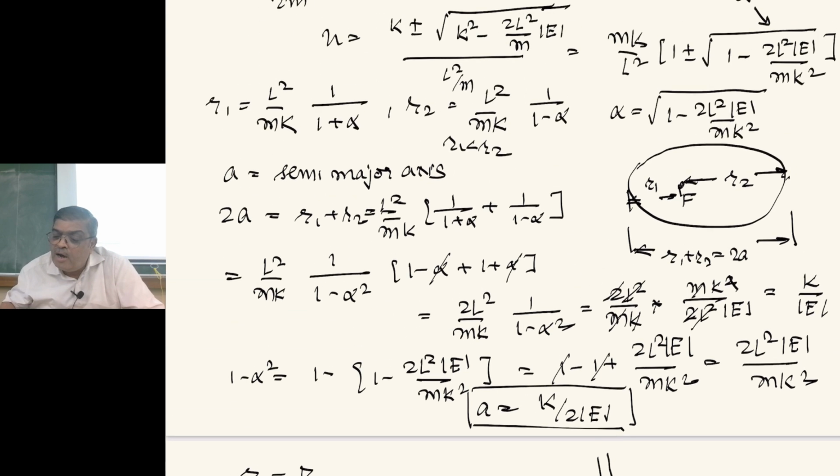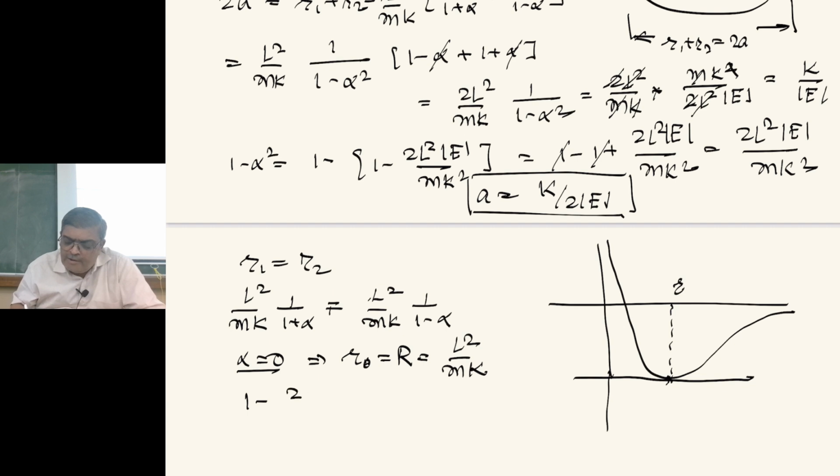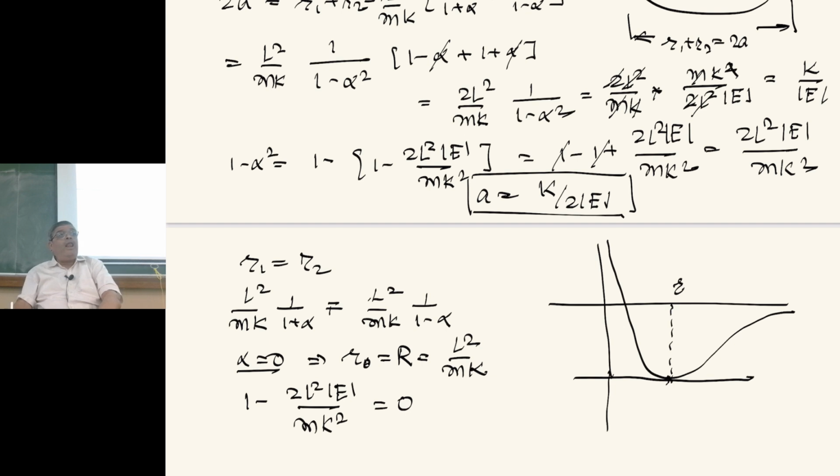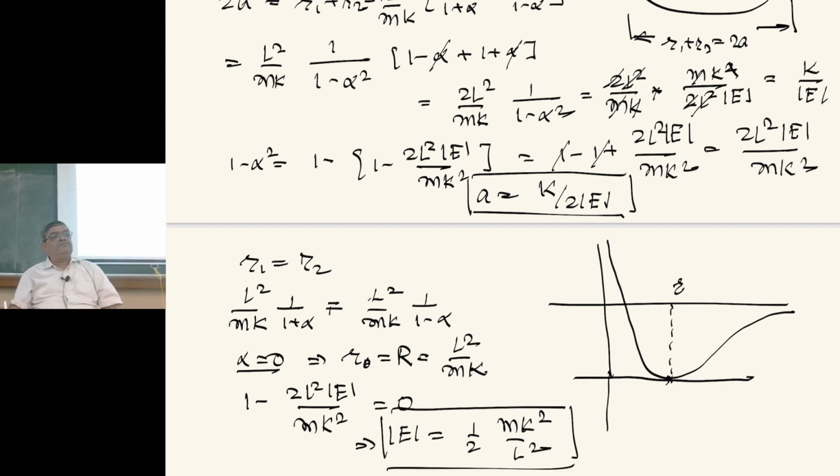Alpha was given by this quantity here, 1 minus twice L squared modulus of E divided by m k squared, and that must be 0. So I can find a relation between E and L for which this has to be true. So therefore modulus of E is going to be equal to 1/2 into mk squared by L squared. So the relation between E and L is in this fashion.